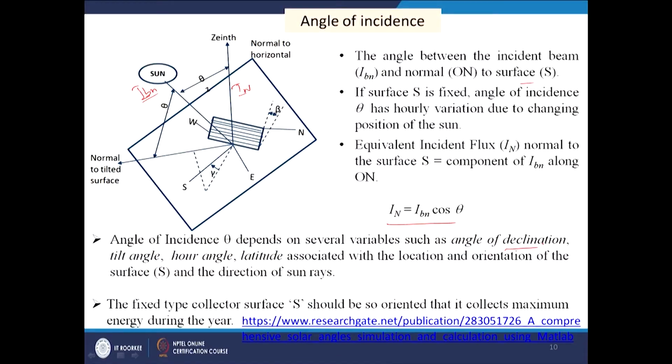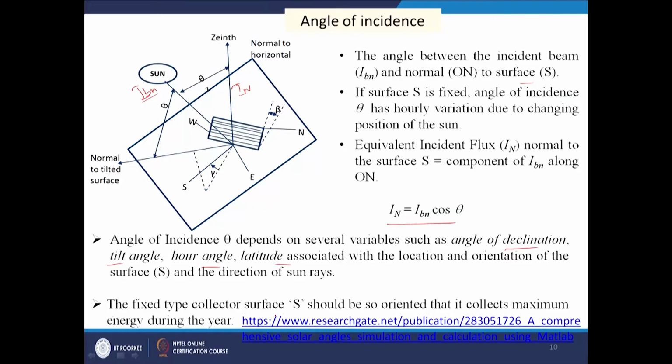Now, the angle of incidence will also depend upon many factors, like the angle of declination, angle of tilt, and then hour angle and latitude associated with the place. These are the different factors which influence the angle of incidence.